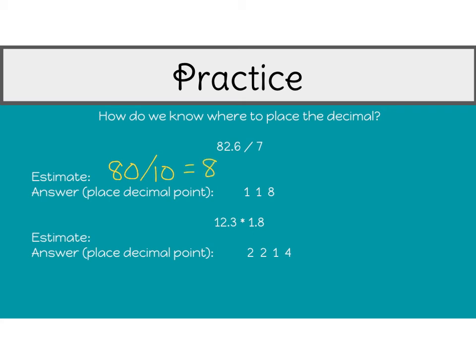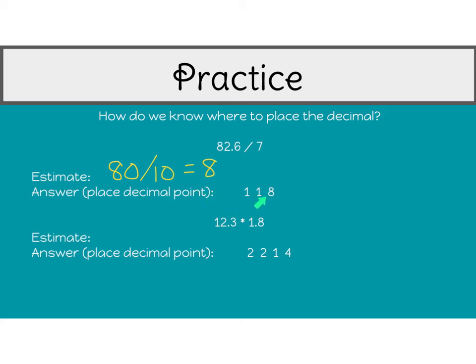So when we look at our answer down here, it is going to have these digits, but we need to decide where the decimal point is going to go. So am I going to put the decimal point here between the 1 and the 1? That's going to be 1 and 18 hundredths. Well, my estimate was 8, so that does not make sense.